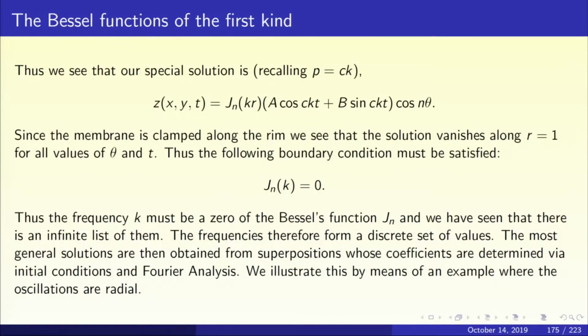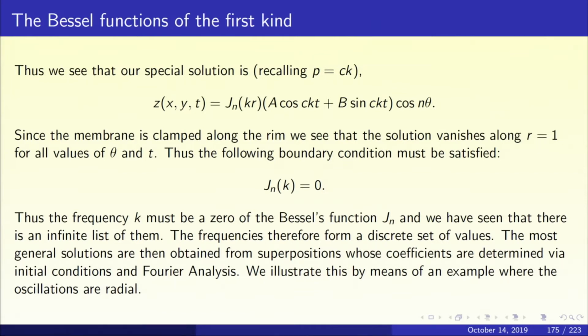So, because of the physical consideration of finite displacement at the origin, we must keep only that root rho equal to n, and the solution is the Bessel function of the first kind, J n of kr. So, the solution V of r is J n of kr. So, finally, we have the solution z of x, y, t equal to J n of kr into (a cos ckt plus b sin ckt) cos n theta.